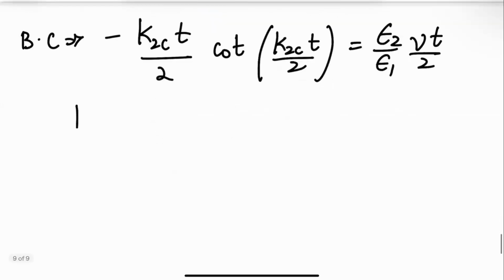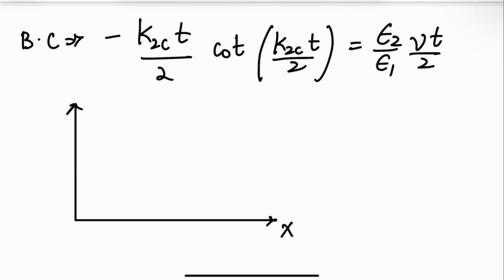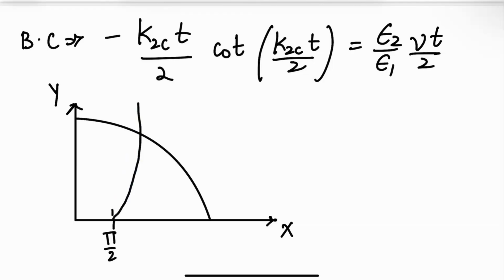And based on this, if you draw again the same dispersion relation plot with x and y, then that gives you cotangent, which actually does not have a solution that goes all the way down to 0, right? Because cotangent starts from pi over 2.